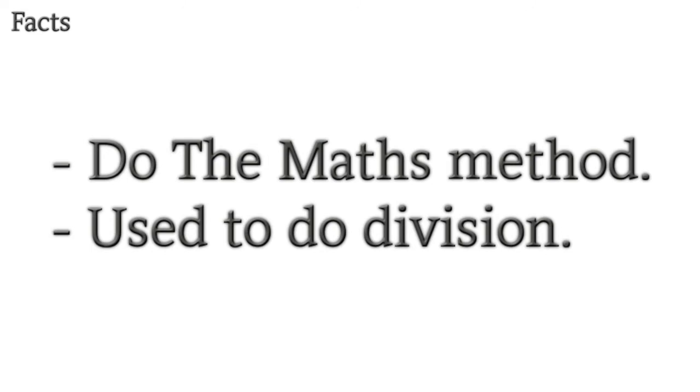So let's have a look at finding the inverse. Let's arbitrarily make up a 3 by 3, because that's a lot harder to do. This whole do the maths method also works with 2 by 2s.